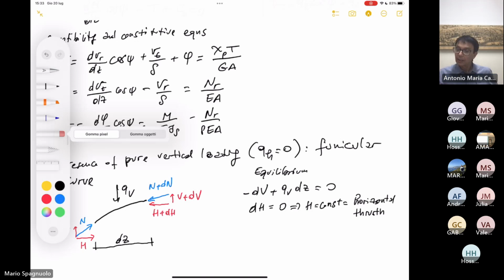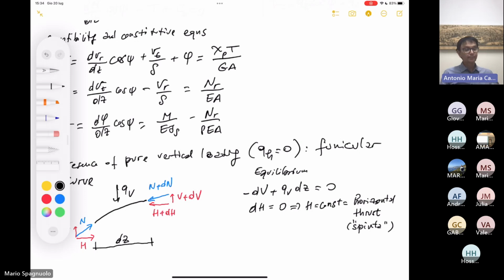This thrust is, in Italian, la spinta. So this H is constant.